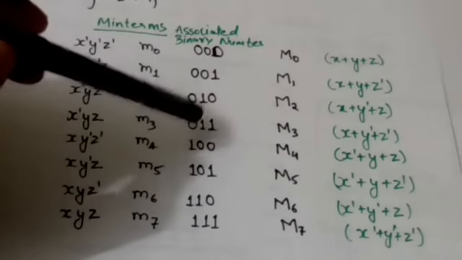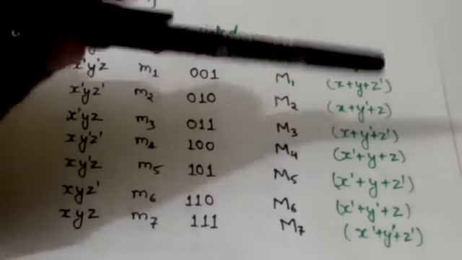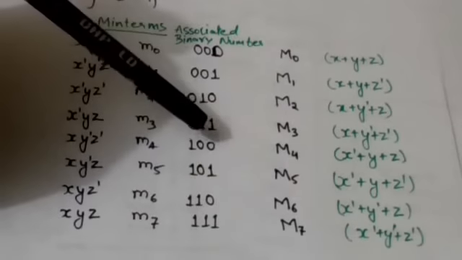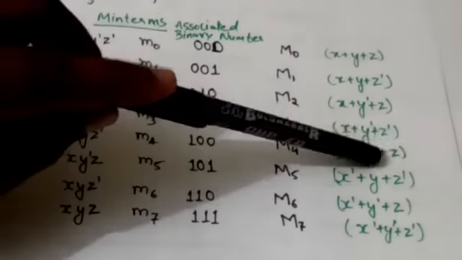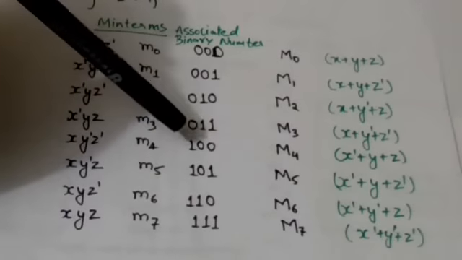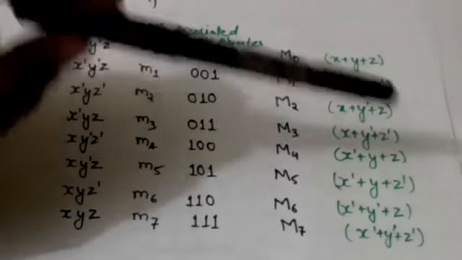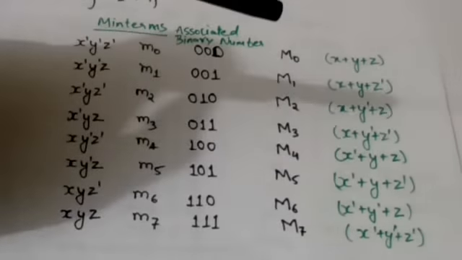So it is 100. Here 1 corresponds to the variable x, 0 corresponds to variable y, and this 0 corresponds to variable z. The first bit corresponds to the first variable, the second bit to the second, the third bit to the third variable.